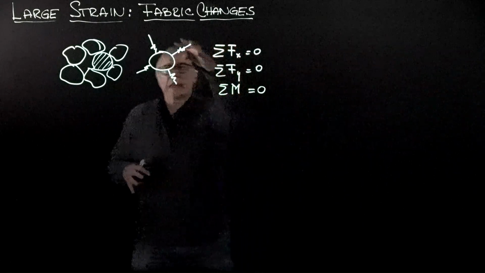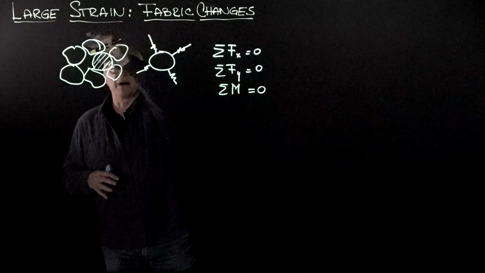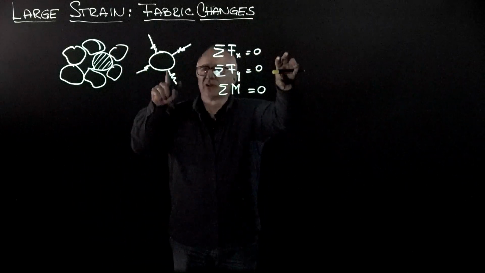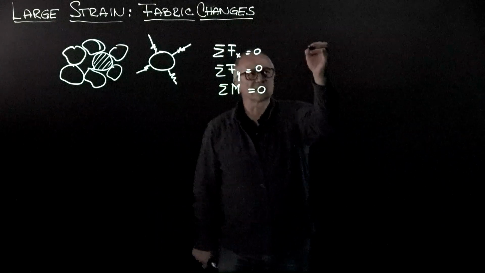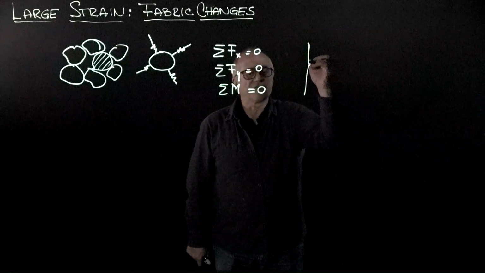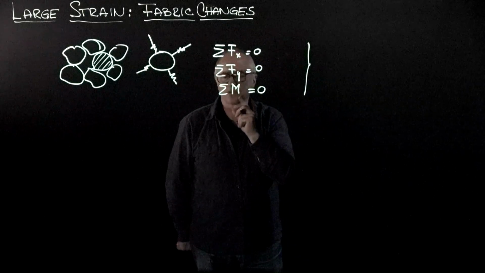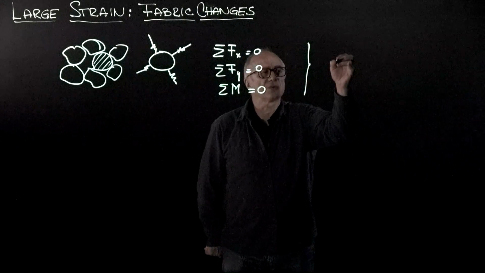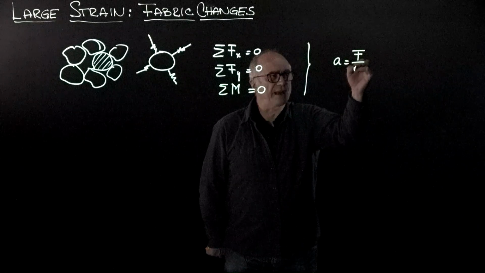If some action moves one of these particles, then an unbalanced force will excite this particle. In other words, there will be a force resulting from the summation of forces that is not equal to 0. And if there is a force, then there will be an acceleration equal to the force over the mass.